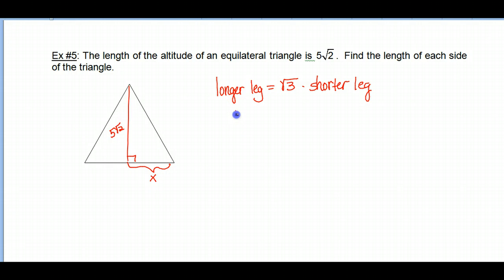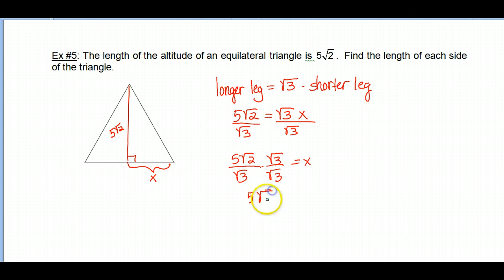I know this is 5 root 2, and I'll let the shorter leg be x. When I divide by root 3, we get 5 root 2 over root 3. I'm going to multiply by root 3 over root 3, which gives us 5 root 6 over 3.